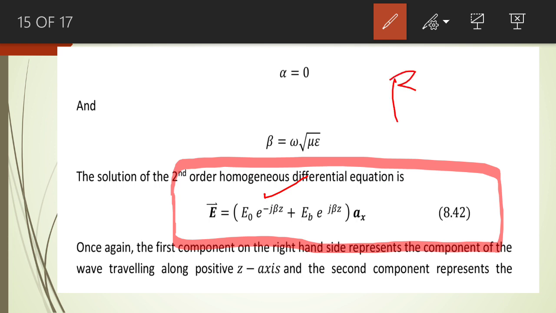Please replace this beta by k, so you will have e raised to power minus jkz plus Eb into e raised to power j beta z. What is ax? Ax is a unit vector along x-axis. Electric field intensity is a vector quantity, and if you consider the previous diagram, this vector quantity was along x-axis.